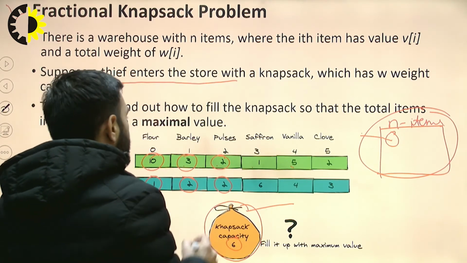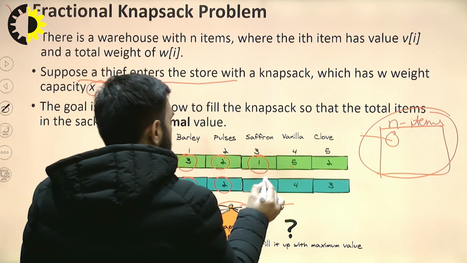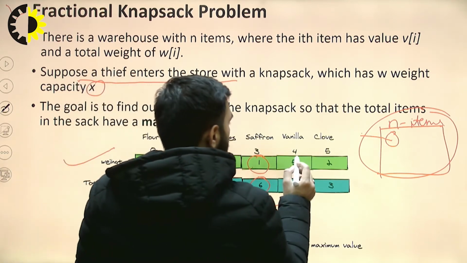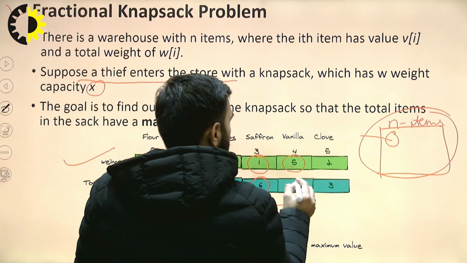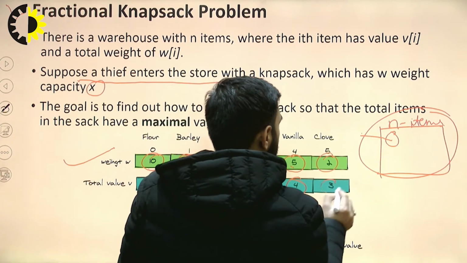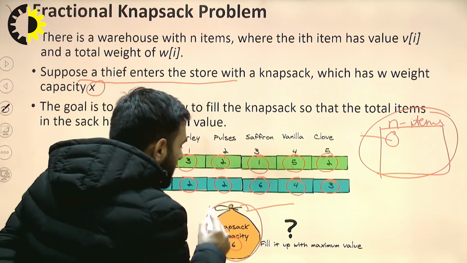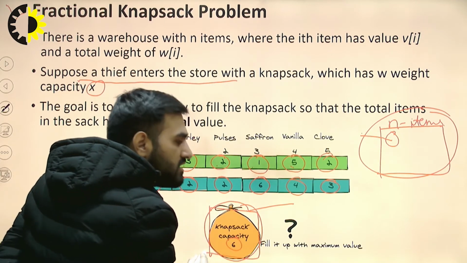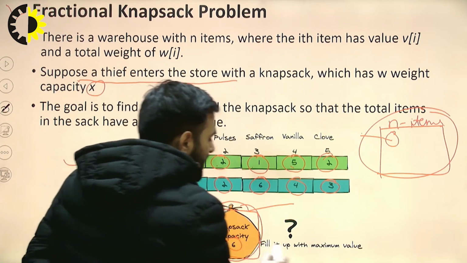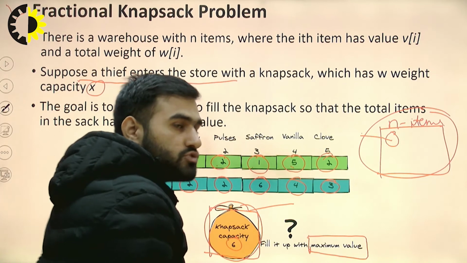If I select weight 1, saffron, it will give me a value 6. If I select the vanilla of weight 5, it will give me a value 4. Same, clove 2, which will give me a value 3. So the thief has to fill his bag with the maximum value with minimum weight. So our main goal is to fill the bag with the maximum value. So this is the problem.